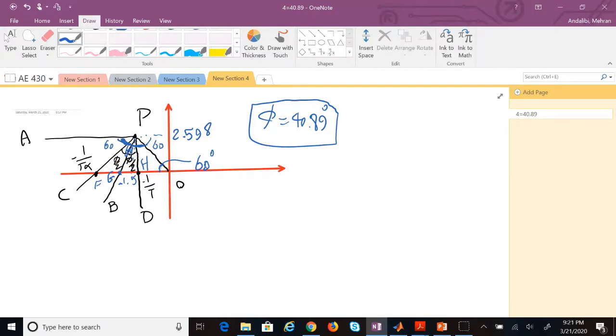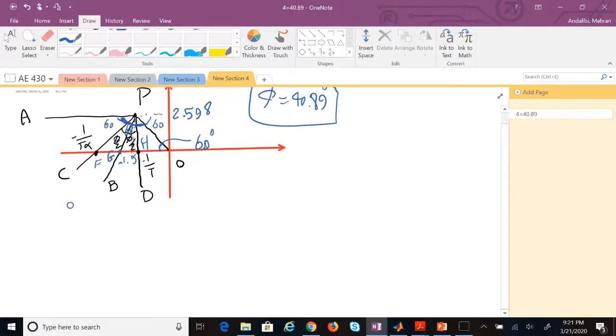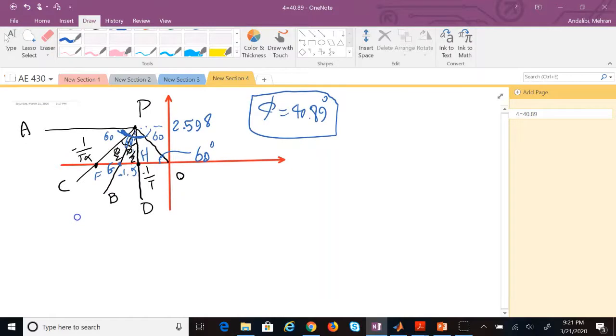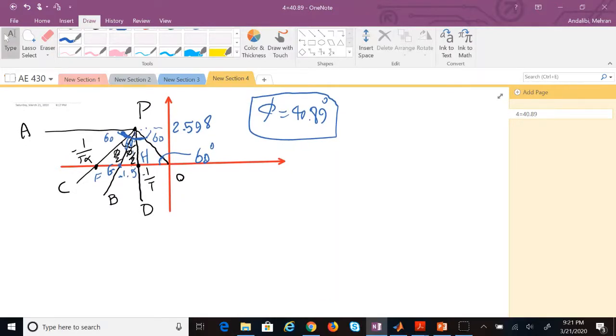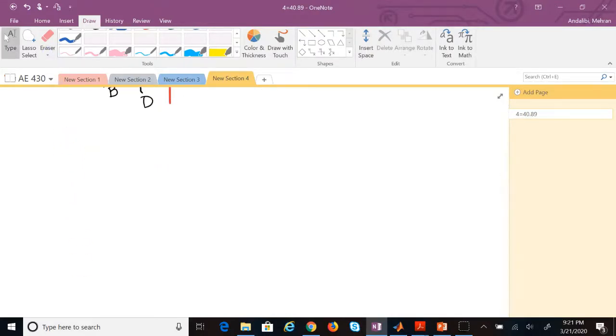Okay, now using that, can I get anything? What I can do here is draw these triangles for you. So I have three triangles: FGP, GHP, and HOP, right? Let me redraw them for you here.